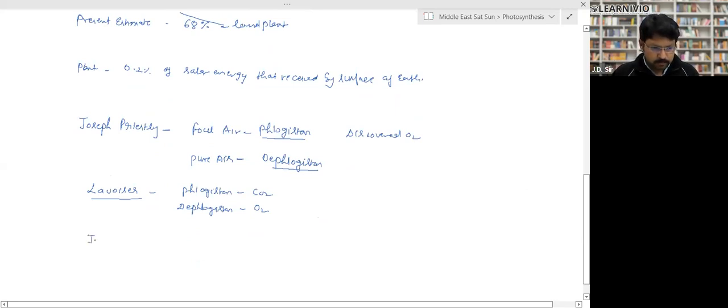The scientist John Ingenhouse showed that sunlight is essential for the plant to purify the foul air.